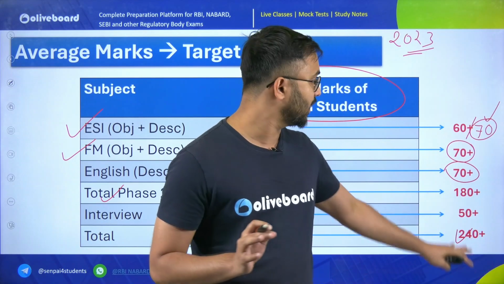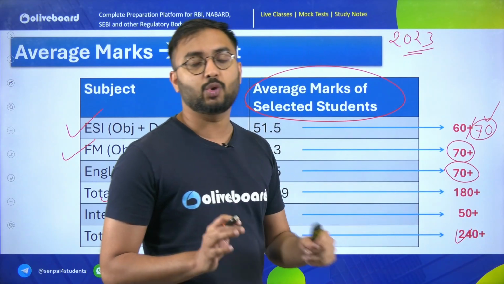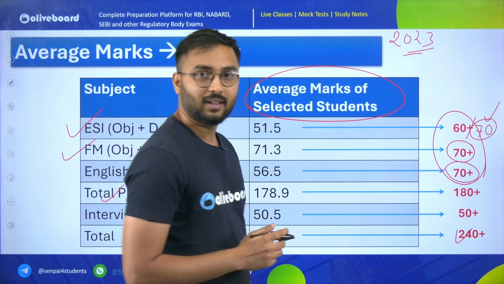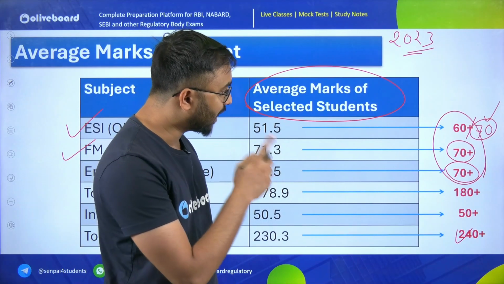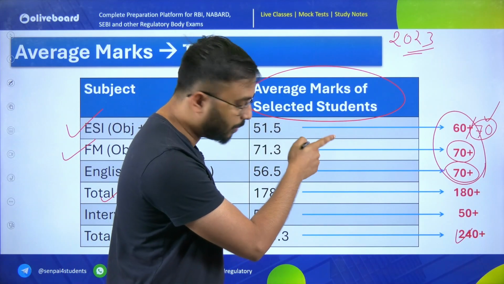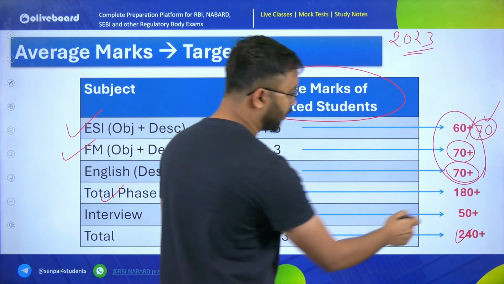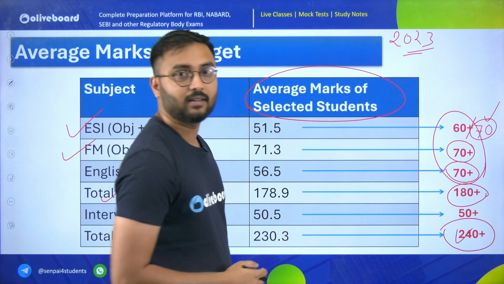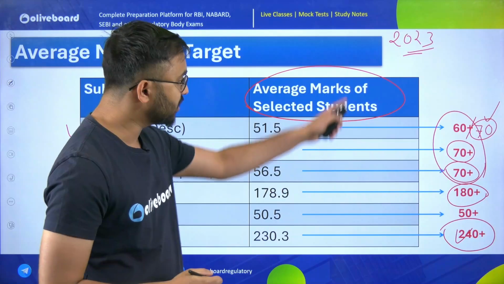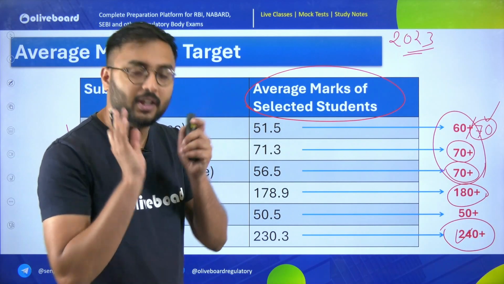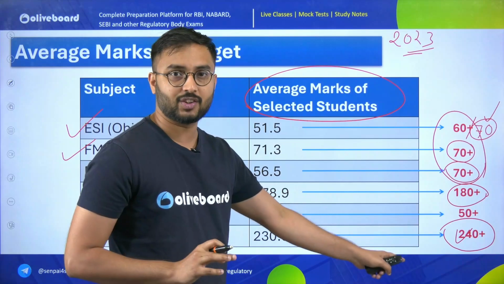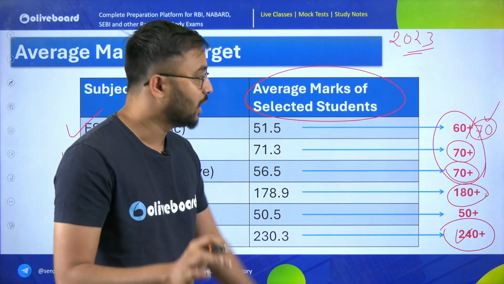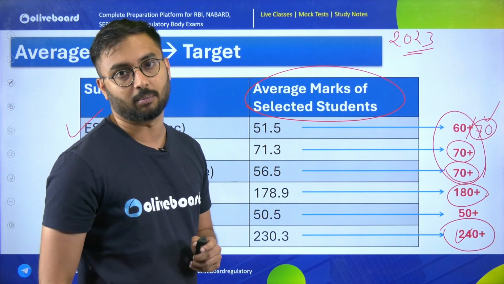So these are all our individual targets: paper 1 target score, paper 2 target score and paper 3 target score, then the overall phase 2 score, and then the overall target score. These are the target scores you should imprint in your mind. When I'm preparing, when I'm giving mock tests, when I'm covering the syllabus, I'll be targeting only these numbers.